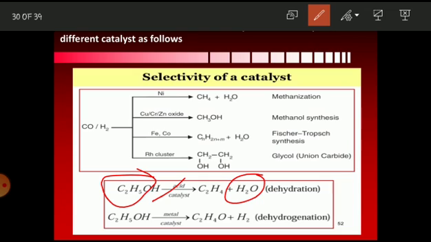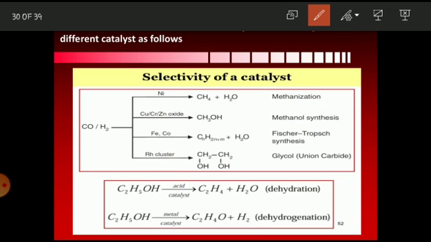But instead of an acid catalyst, if you use a metal catalyst, then the same alcohol will undergo dehydrogenation. That is, dehydrogenation is nothing but what? Removal of hydrogen. So if we use the acid catalyst, it will undergo dehydration reaction, that is removal of a water molecule, and if we use a metal catalyst, then it will undergo dehydrogenation reaction, that is what? Removal of hydrogen.